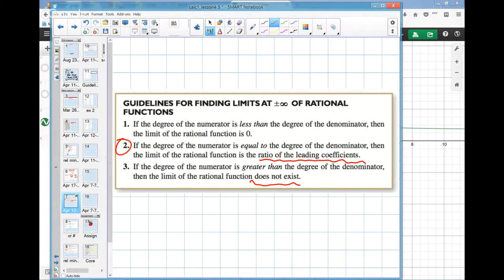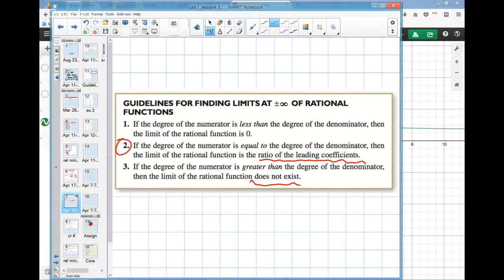And number 3, if the degree of the numerator is bigger than that of the denominator, then the limit's going to go to positive or negative infinity, depending on the sign. You could either say the limit doesn't exist or it approaches infinity.